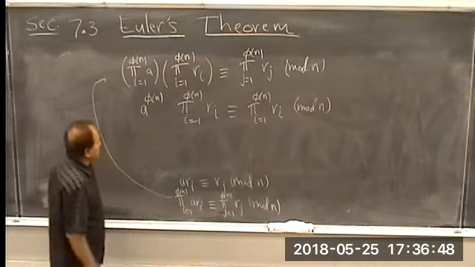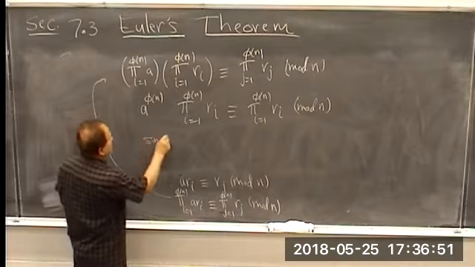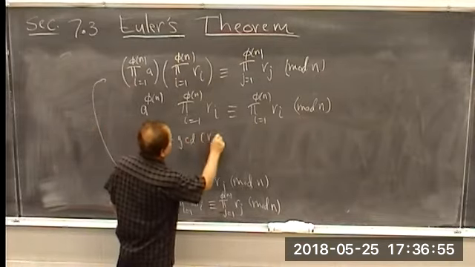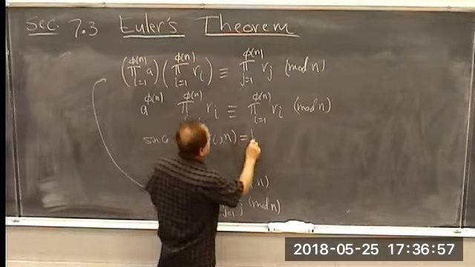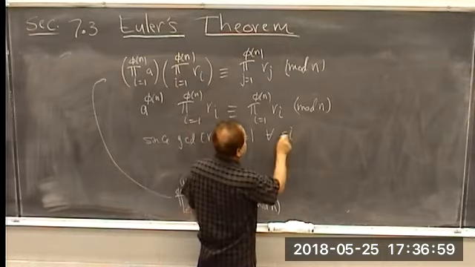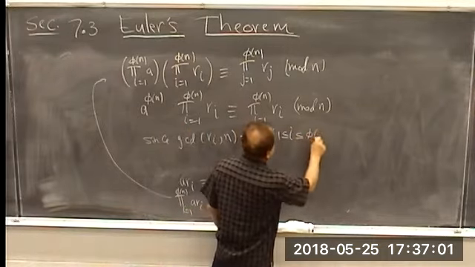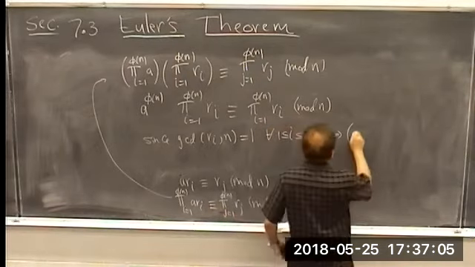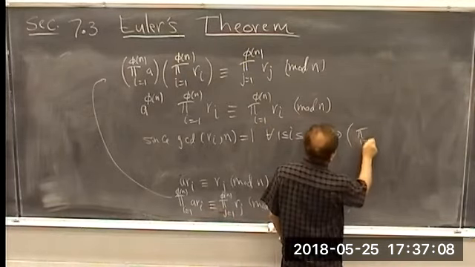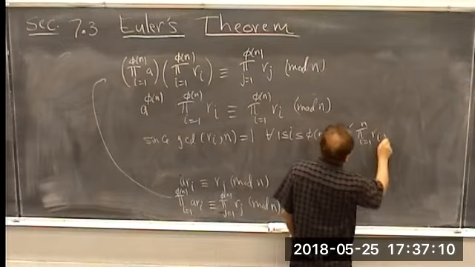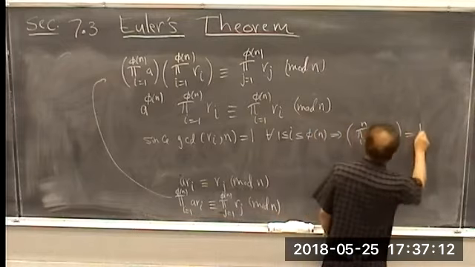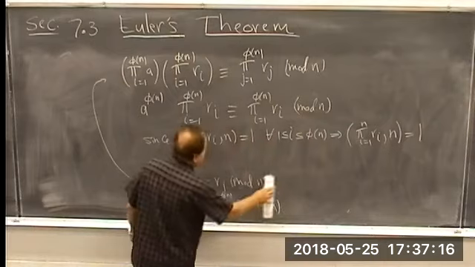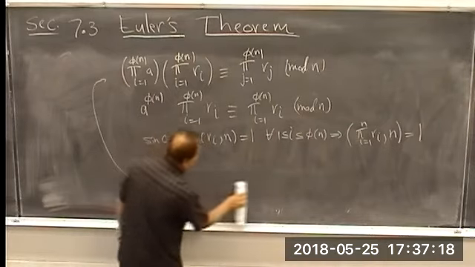And then since the greatest common divisor of R I and n is equal to 1 for every I, this implies the product of these with n also has greatest common divisor equal to 1. And finally, we can divide like we did in the example.